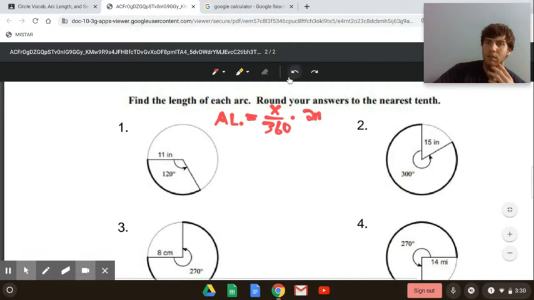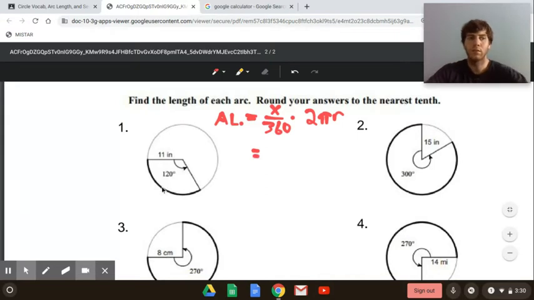2 pi r is the length around the whole circle, but we don't want the length around the whole circle. We only want the length around part. The part of the circle we're looking at is 120 over 360. We're looking at just a third of it, since 120 divided by 360 is a third.